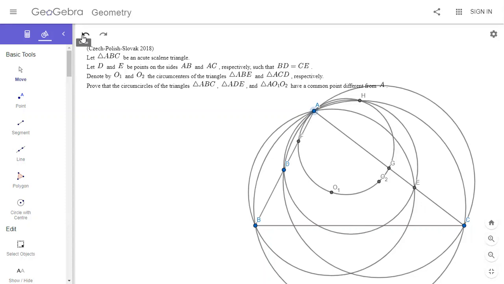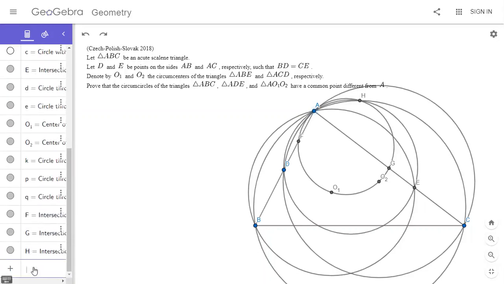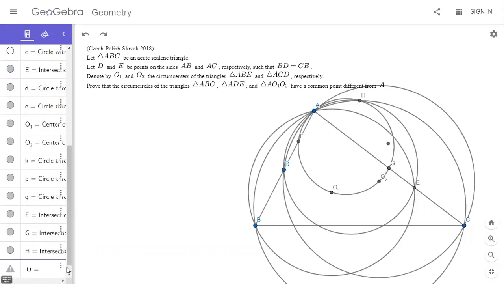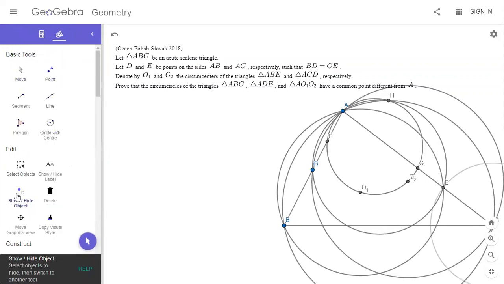If we let O be the center of the circle ABC, then I think O1 equals O2. I'm not sure. Sorry. Where's O? Trying to find where O is.